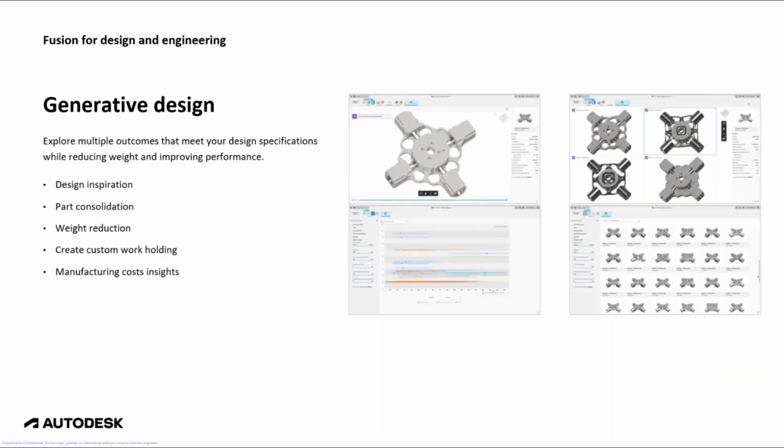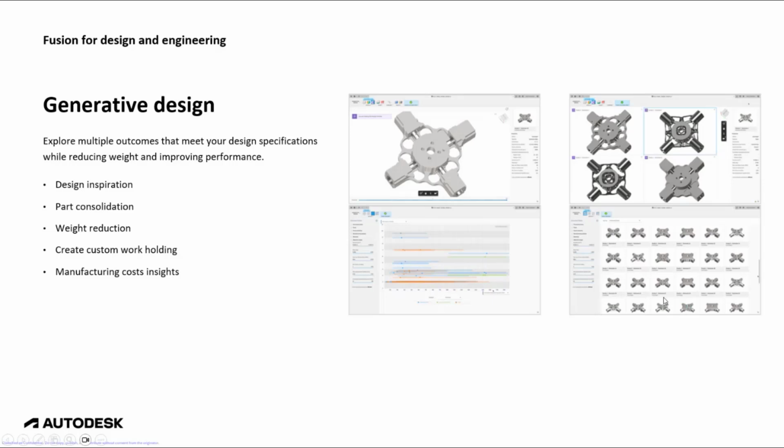This one is an example of generative design. On the right side, at the bottom right corner, this picture shows the result from generative design. The Fusion generative design function is going to give you many choices. For example, if you are quite satisfied with the lower right corner part, you can pick this and get this part.